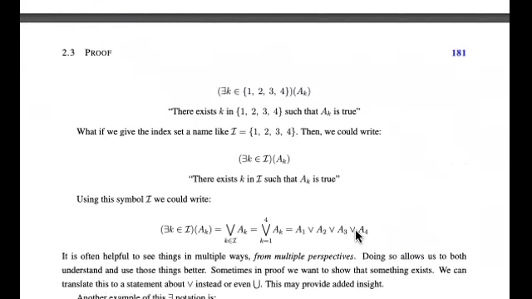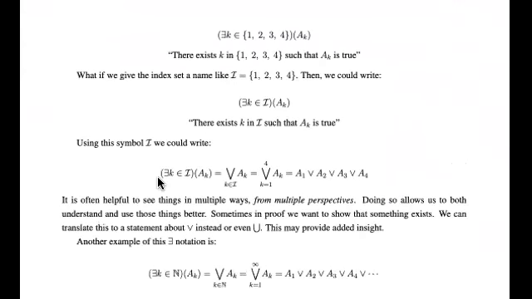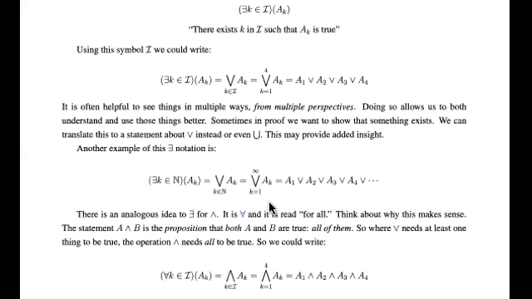And so that's basically what this notation means. Especially if your indexing set is the natural numbers, the counting numbers, you could even say this: there exists K in the natural numbers such that one of the AK is true. We could write this, which is the same thing as writing this, using an indexing set with a big "or" symbol.